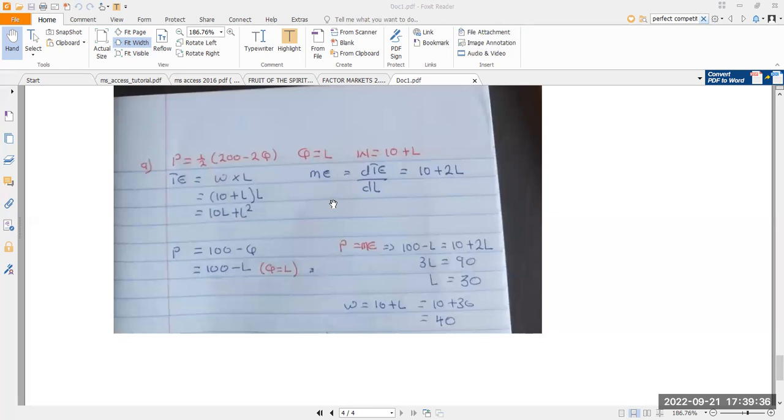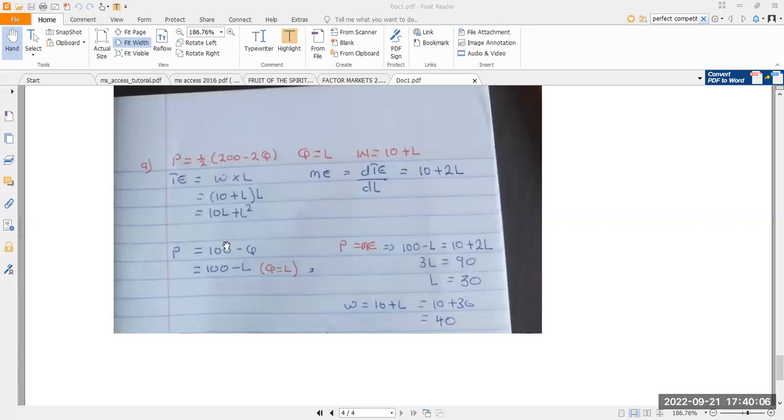If the monopsonist means that he's the only buyer in the input market, and this buyer is in the competitive output market, you just equate price to what? Marginal expenditure. But if it's in a monopolized output market, we equate marginal revenue to the marginal expenditure.